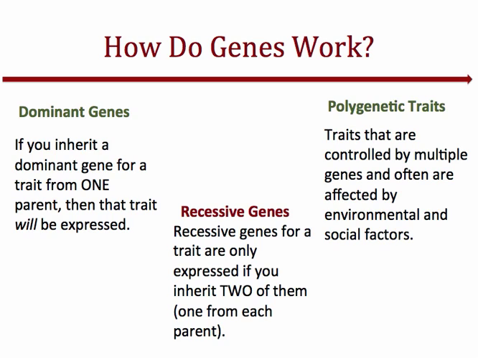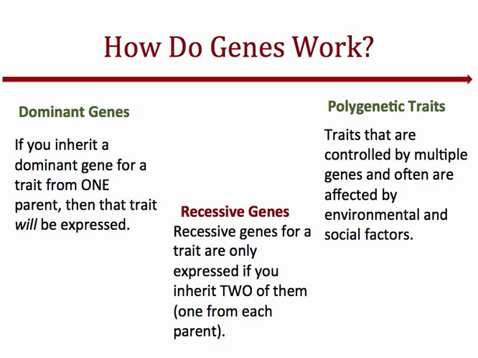A good example of this is seen in how we determine eye color and blood type and relatively simple things like that. But when it comes to behavior, most behaviors are determined by many genes. These are referred to as polygenic traits, poly meaning many, genetic meaning many genes influencing.